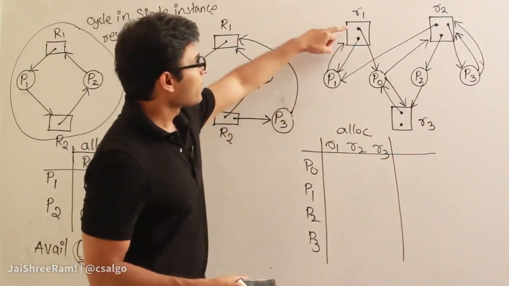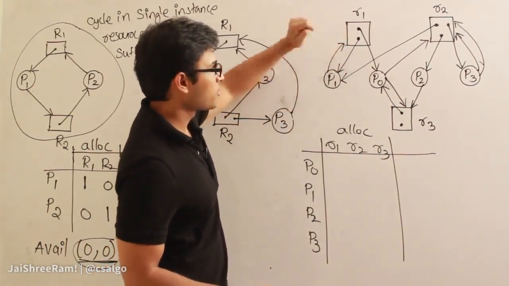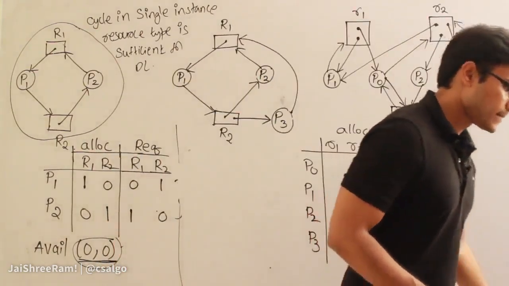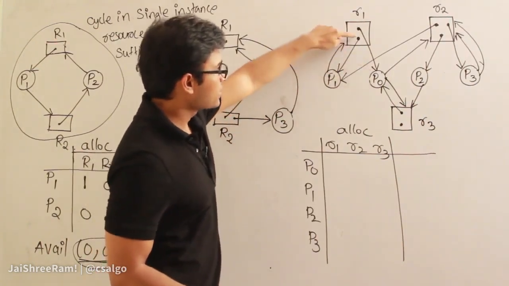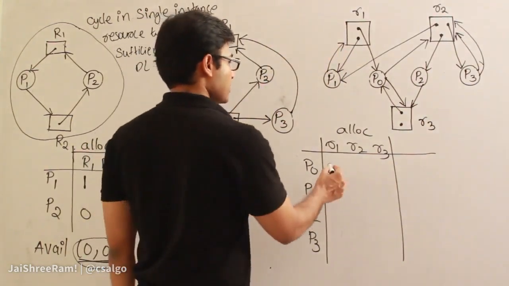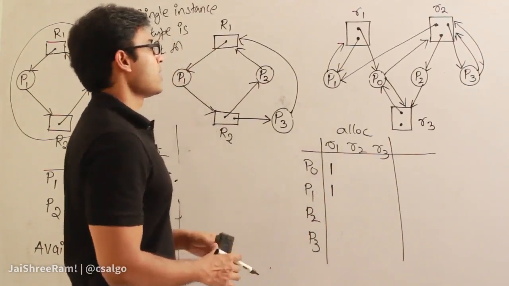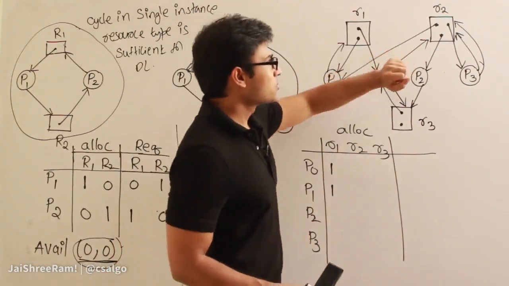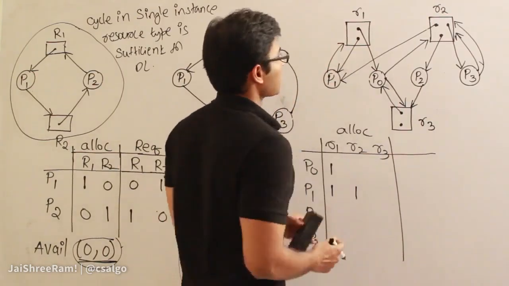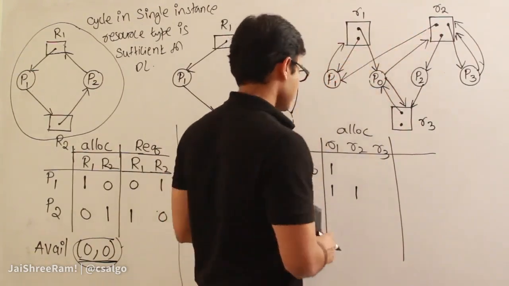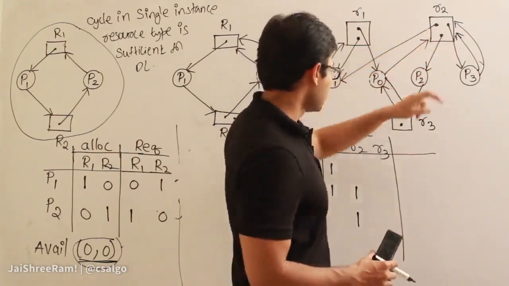Now go to R1. If you look at it, it is showing that one is allocated to P0 and the other is allocated to P1, right? So R1 is saying that one is allocated to P0 and the other is allocated to P1. And R2 is showing that one is allocated to P1, another is allocated to P2, and the other is allocated to P3.